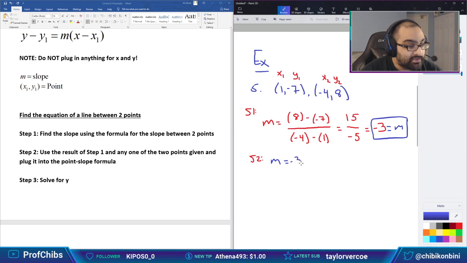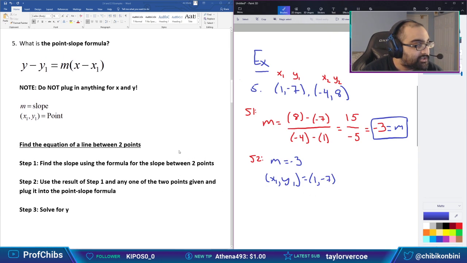So let's first write that down. All right, plugging it into the point slope formula, we have y minus y1.